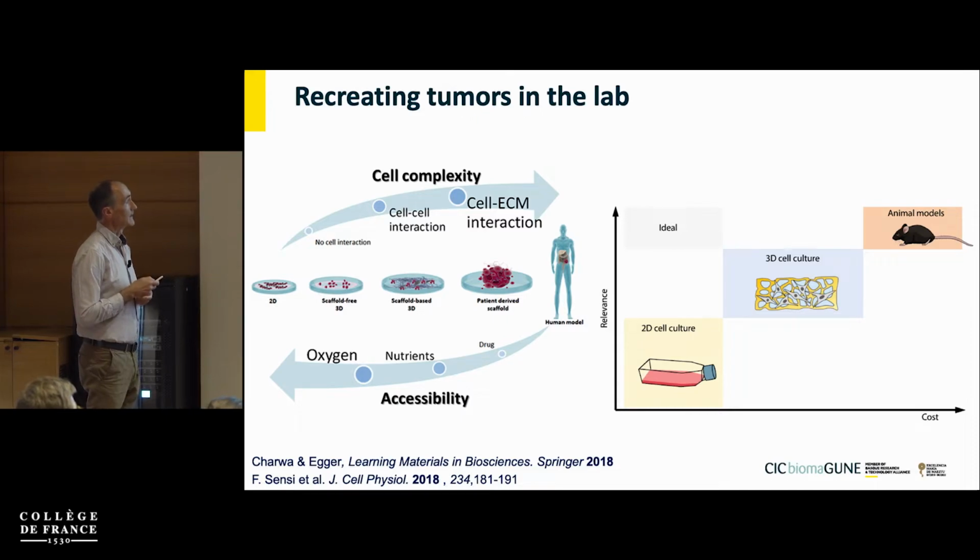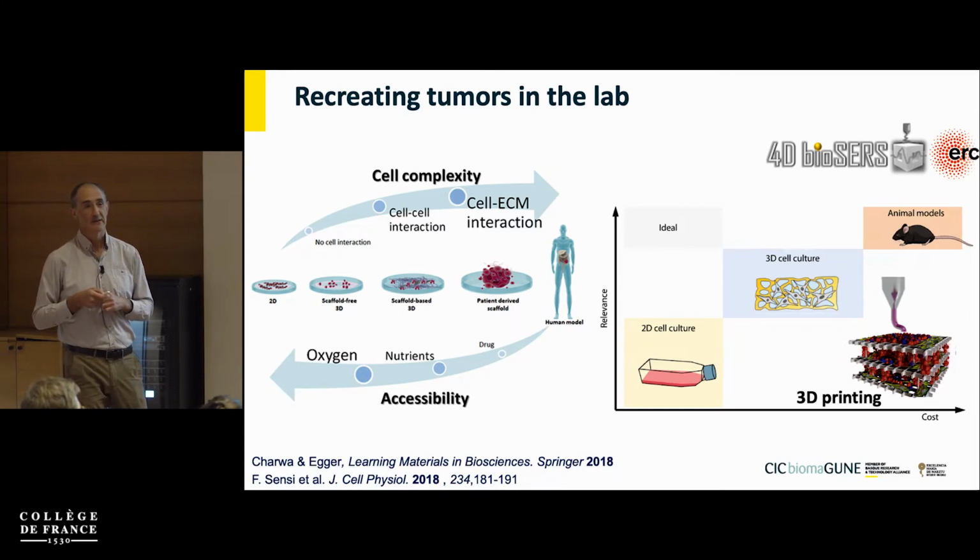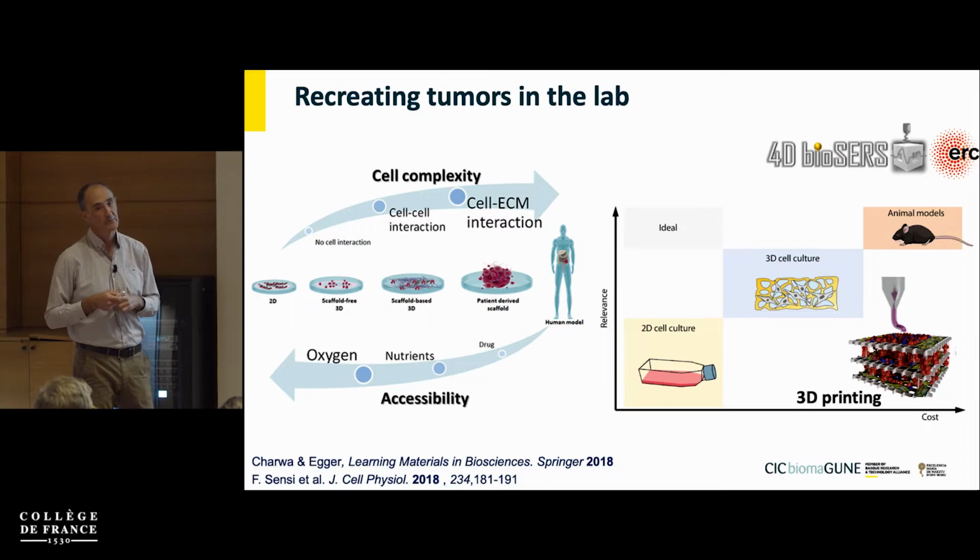And so, trying to fabricate something that is intermediate between these 2 extremes, we came up with using 3D printing, which of course is not a very new idea. Many people are doing that, and there are plenty of people who are doing much better than us with these organoids. But we wanted to do it adapted to the type of study that we want to carry out.